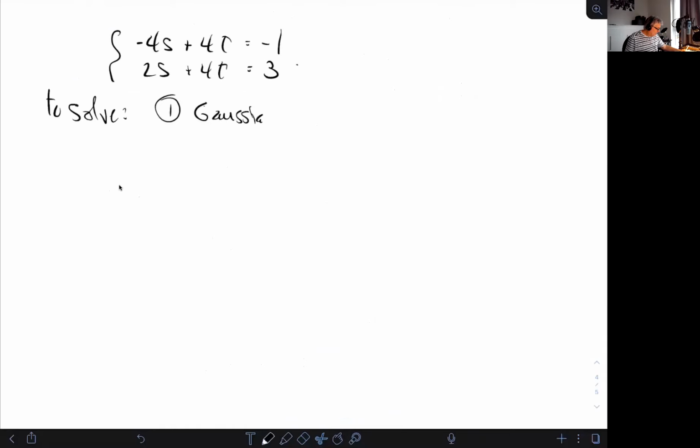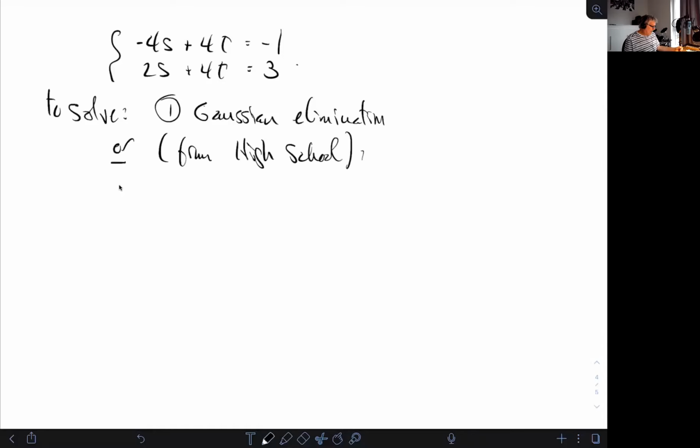That'll work. It always works. Or from high school, you can just do elimination and substitution, which is basically the same thing.